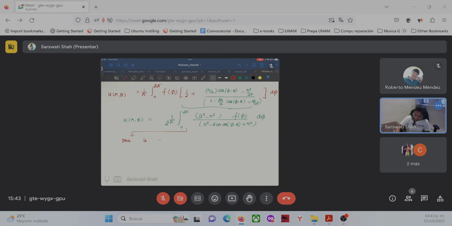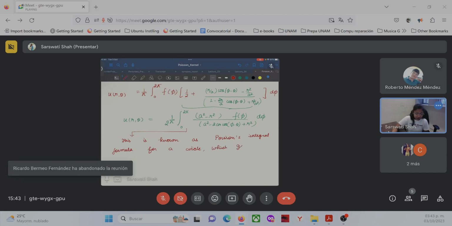This is known as Poisson's integral formula for a circle, which gives a unique solution for the Dirichlet problem.